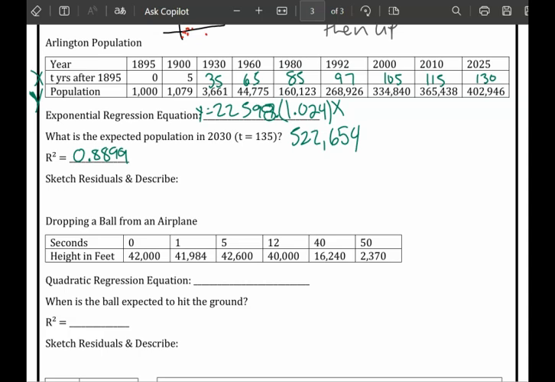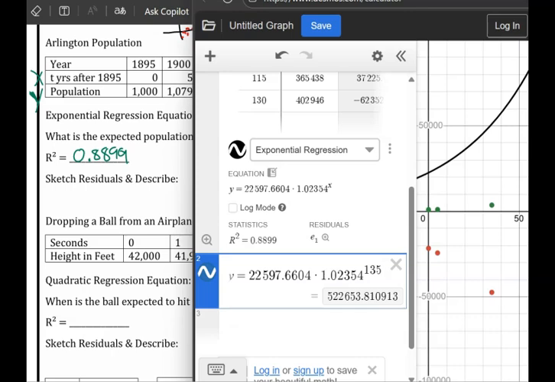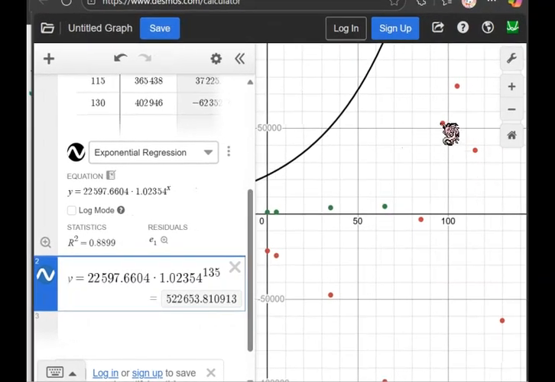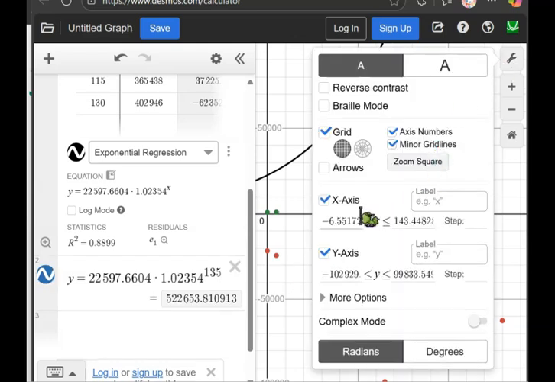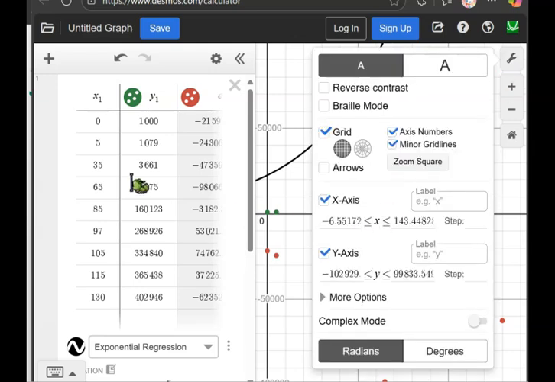Let's sketch the residuals. Let's refer back to the Desmos graph. If the plots are not all showing up, you could go to the toolbar, and the X values that you would want to set is just a little bit smaller than what you have, and a little bit larger. The Y values, make sure that they're visible as well.